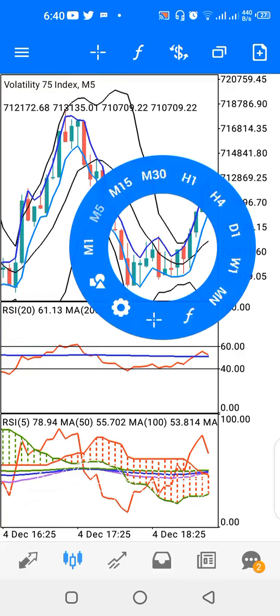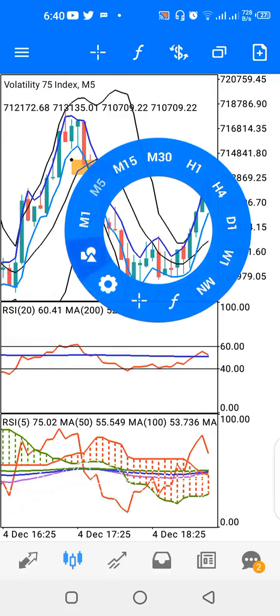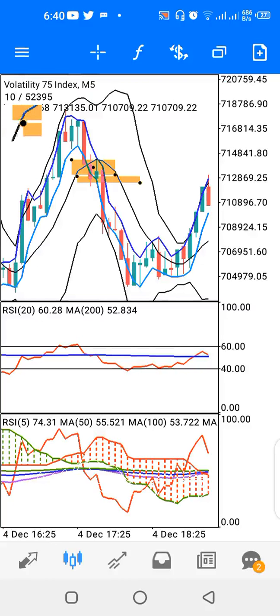And for a sell trade, just look at the entire setting crossing below the mid band, just like what you have around here. Your sell trade will be more appropriate if you place it somewhere around the lower band, somewhere around here.